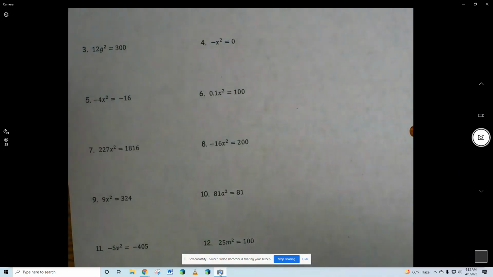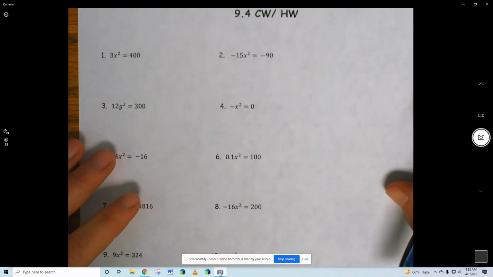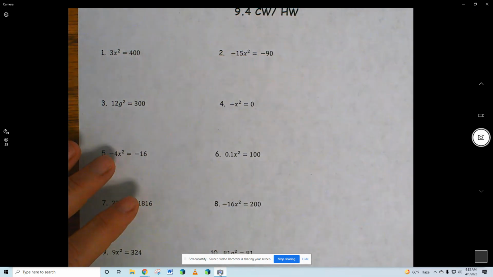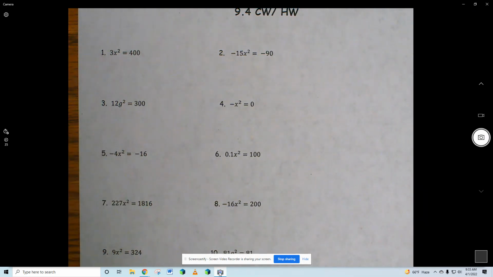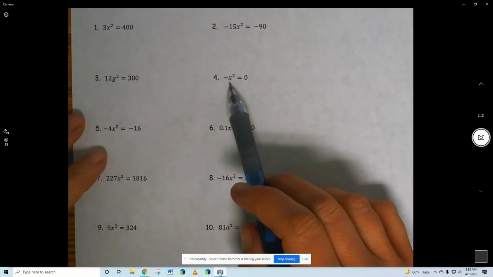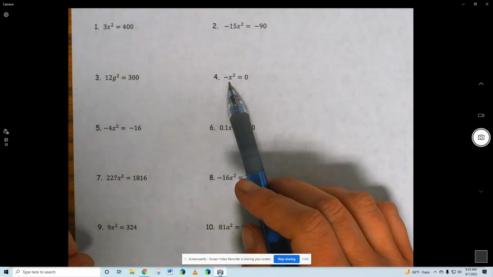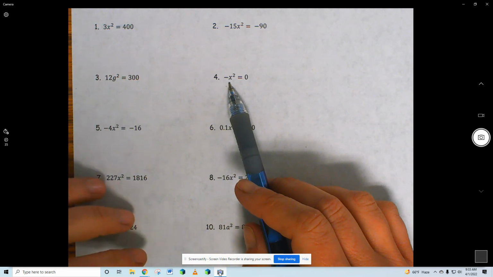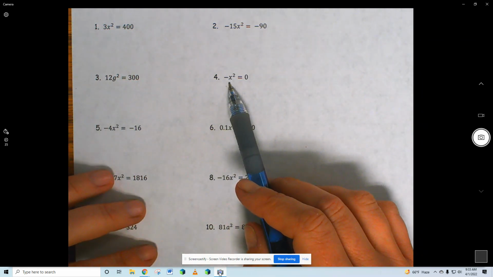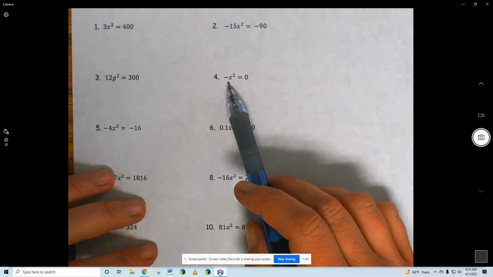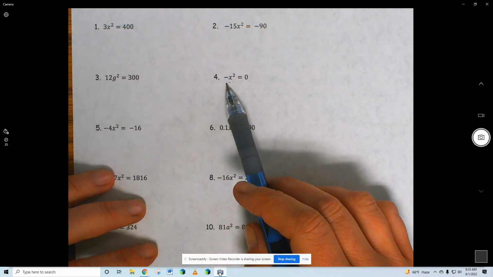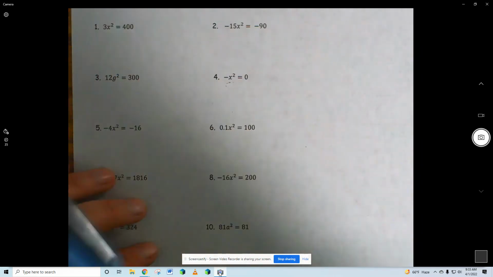So you have 1 through 14 for homework. Your job is to divide by that a, that number in front. What if there is no number in front? Number 4 does not have a number in front. It is a negative 1, but how do I get rid of that negative? Divide, or I could multiply by negative.